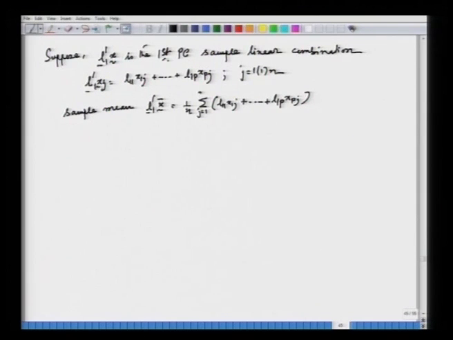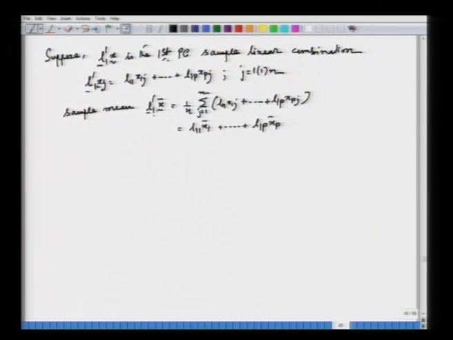If you see the way we have defined the sample mean, these are nothing but L11 X1 bar up to L1p Xp bar, and this gives me L1 transpose X bar.